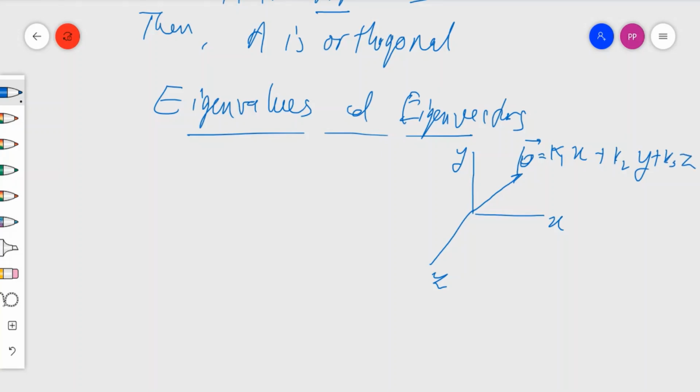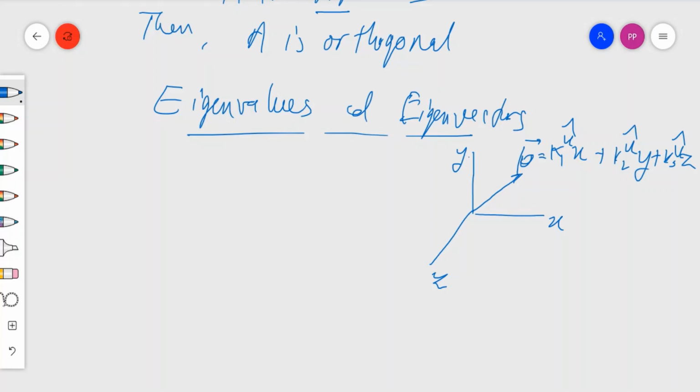So this p is a linear combination of a unit vector in the direction of x, y, and z.